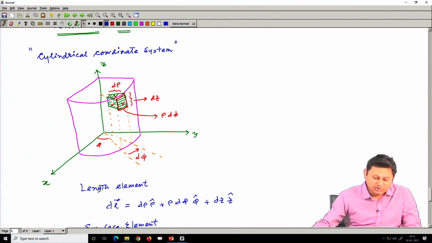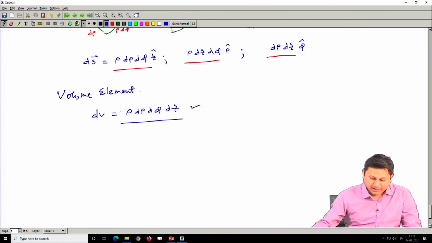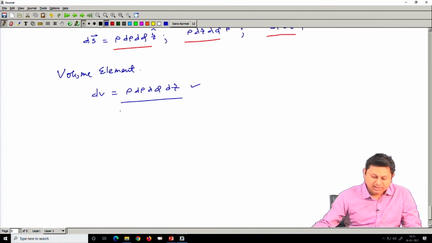The main thing is that you need to draw this properly. Once you draw, then you will readily understand how these volume elements are calculated.